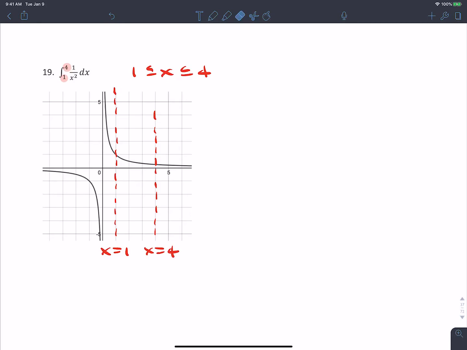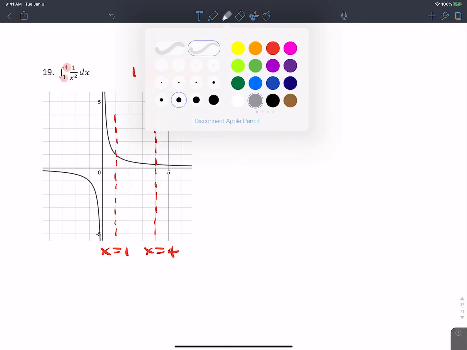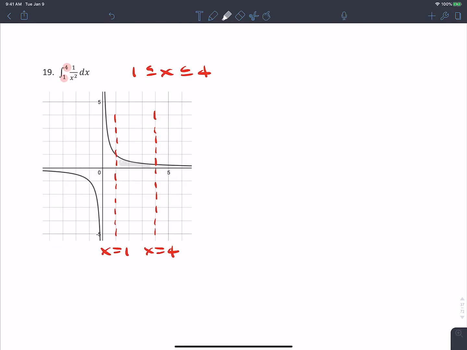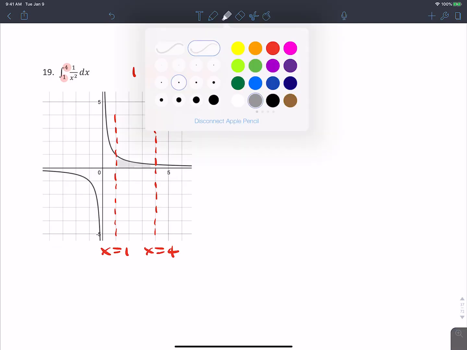Okay, and so we have to find that area under this curve here. This is what they're talking about. And maybe we have to get a little smaller here for this area. Okay.